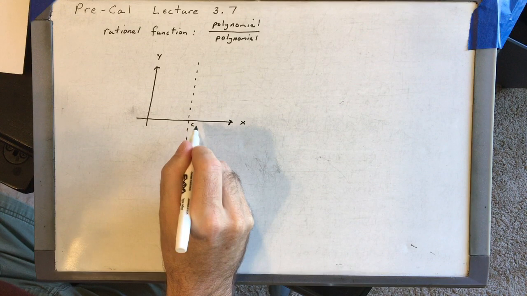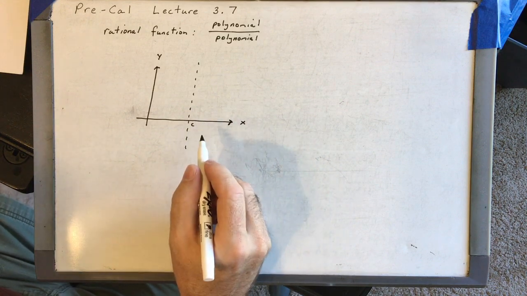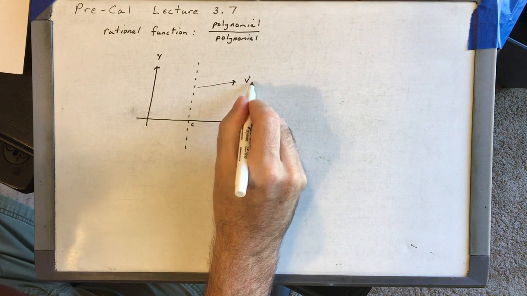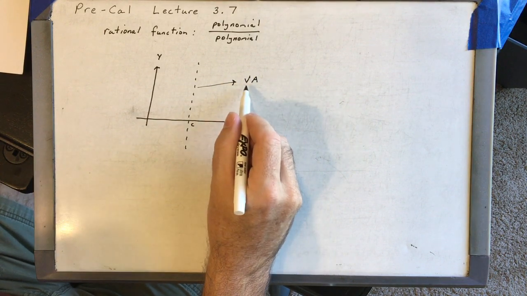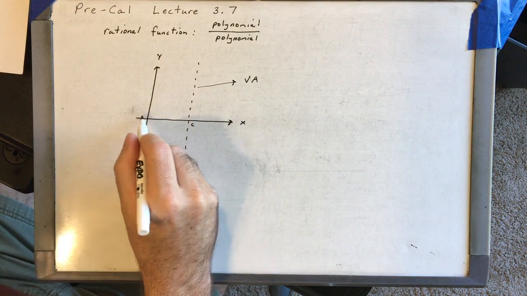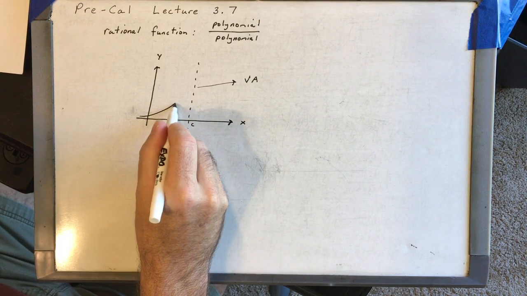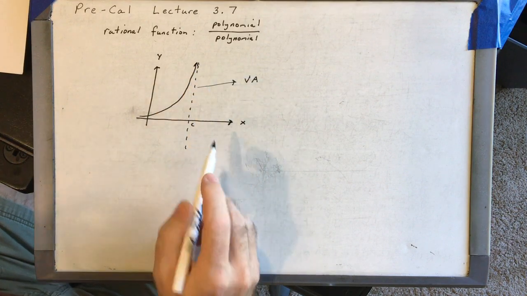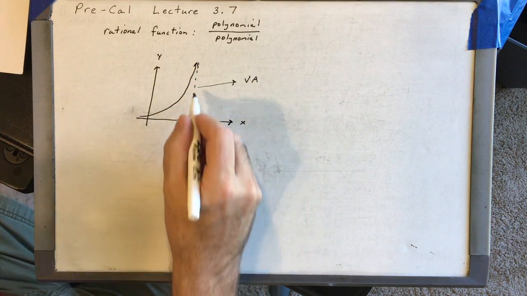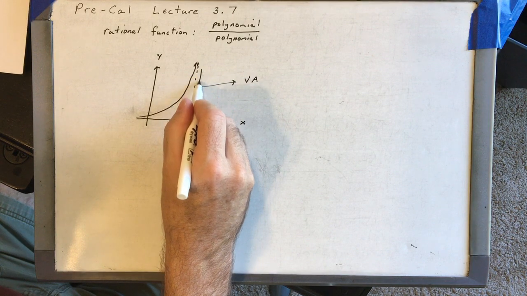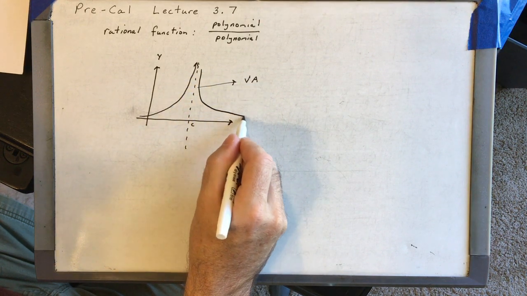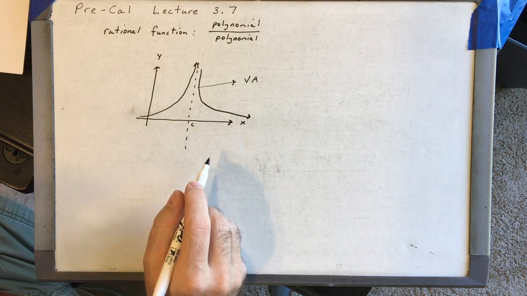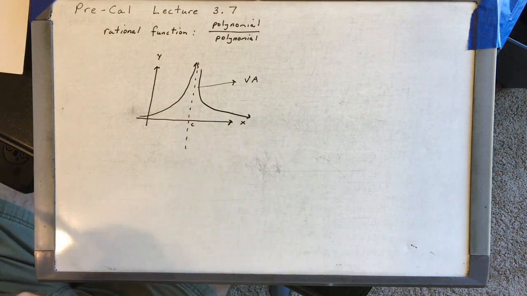So let's say that this is at the point C. So this is our vertical asymptote, which I'll just abbreviate as VA from now on. So maybe we have a function and it's rising, increasing, and it's trying to get to the vertical asymptote, but it just can never touch that. And maybe we have one like that that's coming from that way, but it just never touches that line. All right, so that's all a vertical asymptote is.